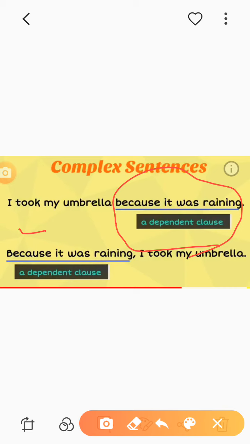So there is no comma. But if I use the dependent clause at the beginning of a sentence, like in the second sentence, "Because it was raining, I took my umbrella," here in the second case I will use a comma. A comma is a must and compulsory here.